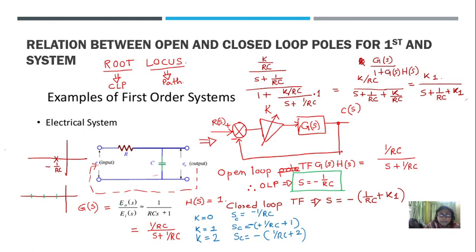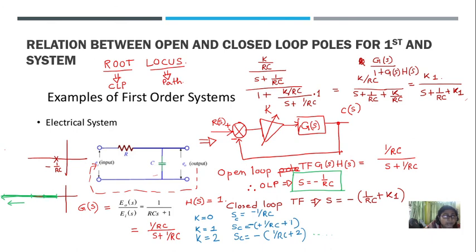If I take the value of K towards infinity, the pole is approaching infinity. Now if I join these closed loop poles, this is the path of closed loop poles.